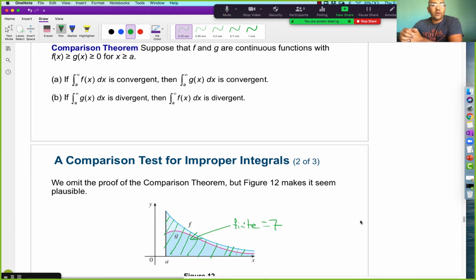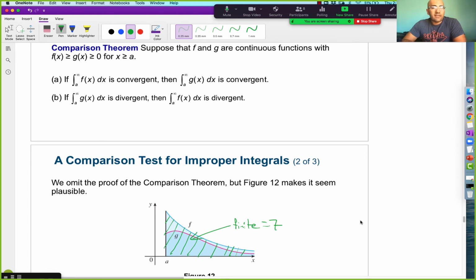No? So the way we're going to use this comparison test is that we're going to be presented with some integral. It's going to be pretty ugly, and you're going to have to maybe have some instinct as to whether you think it converges or diverges. If you think it diverges, then you're going to have to come up with some other simpler function such that that simpler function is always smaller, yet that simpler function diverges. That way we can use part B here to simplify it and get to a conclusion that it must diverge.